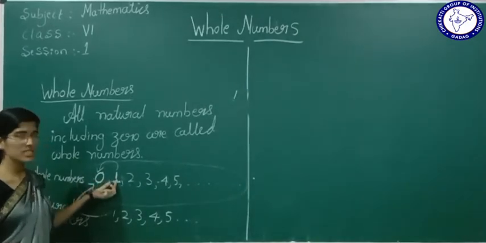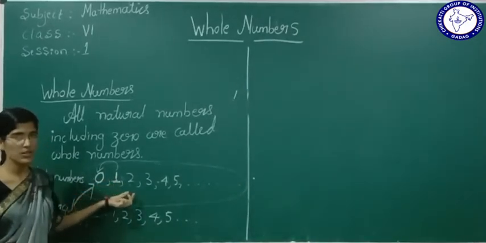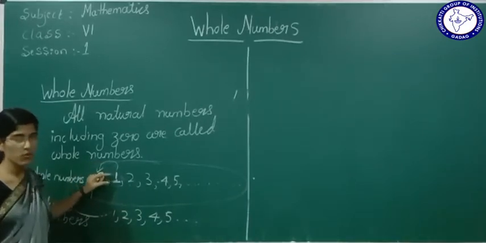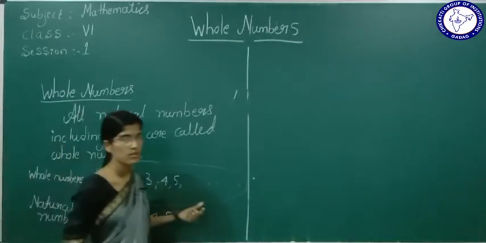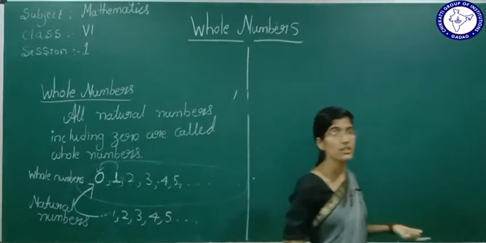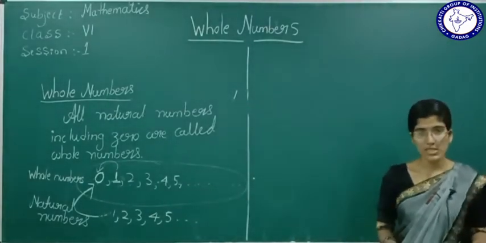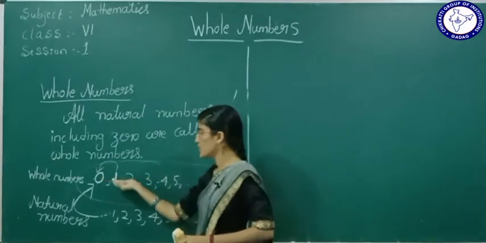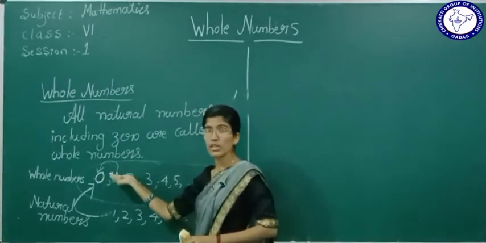Whole numbers start from 0, 1, 2, 3, 4, right? The predecessor of 1 is 0, as in 1 minus 1. Before 1, which number will come? 0. The predecessor of 1 in whole numbers is 0.